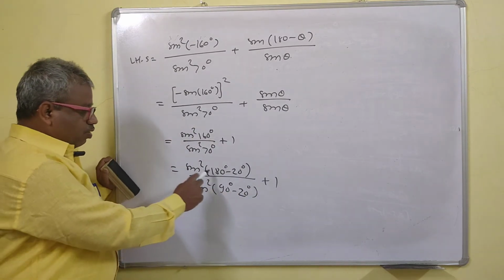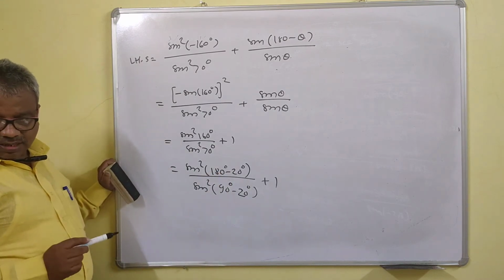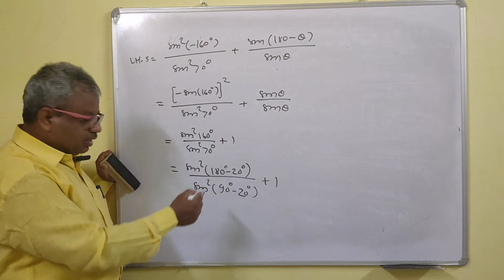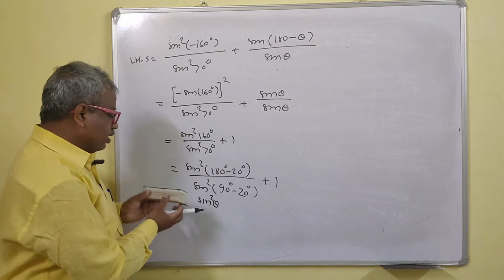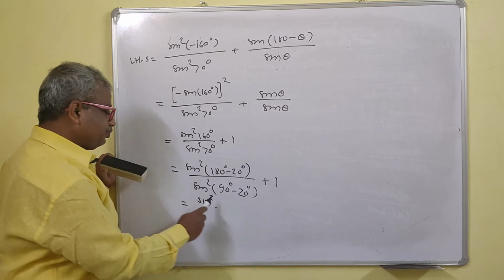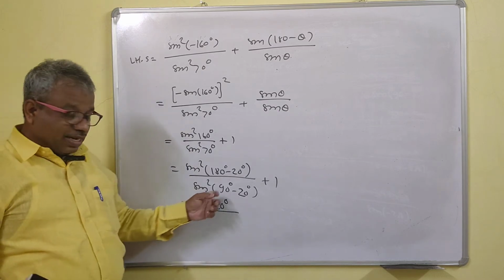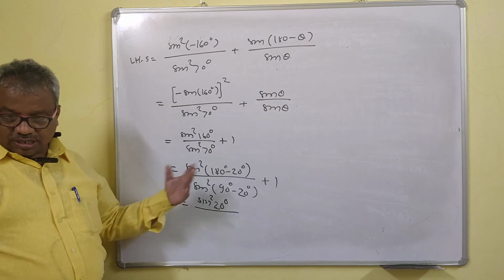Now sine of 180 minus theta is sine theta. So this will be sine theta, and it is a square, that means sine square 20 degree. Now see, sine of 90 minus theta is cos theta, and you have to take the square of this one.